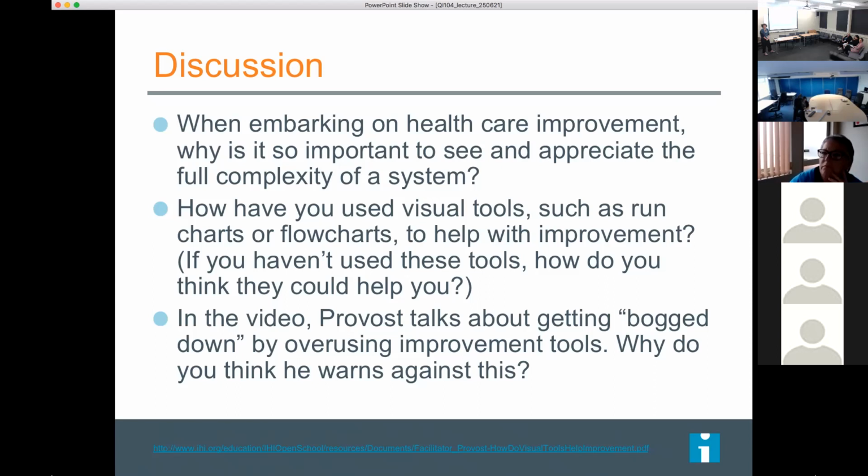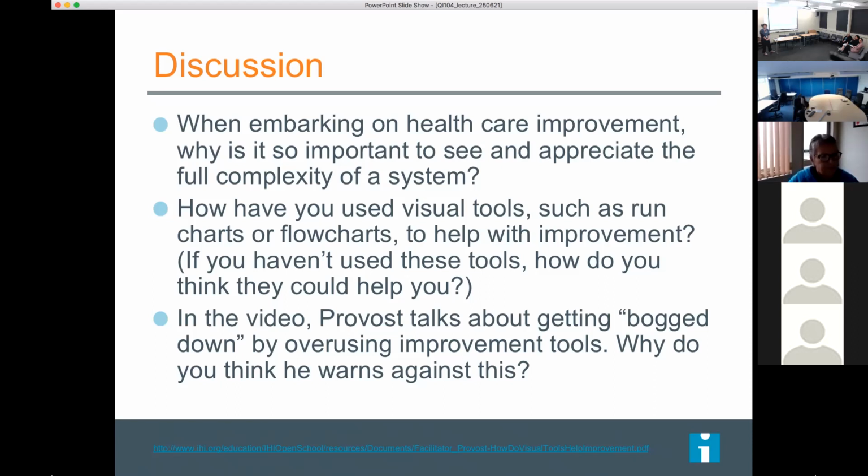A good example of that would be in the UK, the ED 4-hour wait. And that's something that's been researched for many years as to why it's going on. Why are we struggling with the 4-hour wait? And the answers consistently come back that there's problems with discharges in the hospital. But it's actually the back door, not the front door, that's a problem.